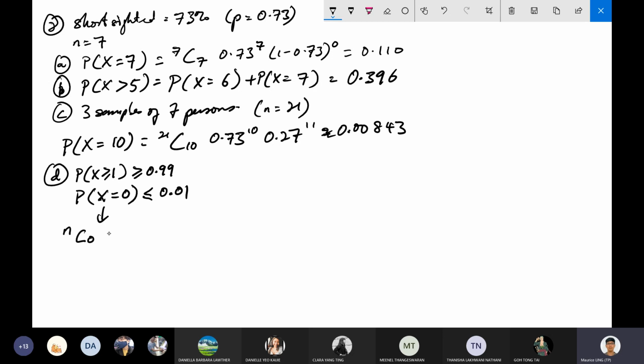For 0, you get 0.73 to the power of 0 and 0.27 to the power of n is less than or equal to 0.01. Any number or decimal to the power of 0 is always 1.